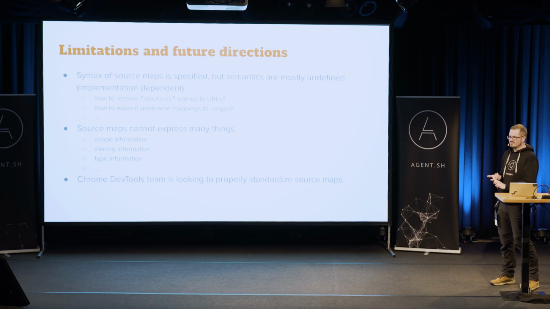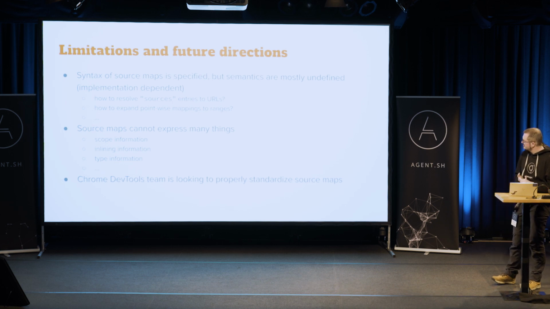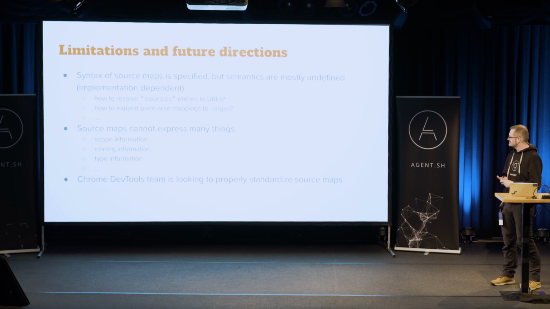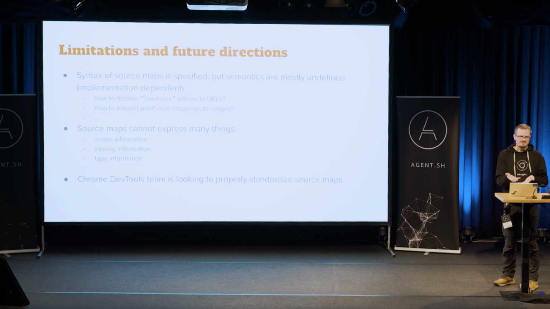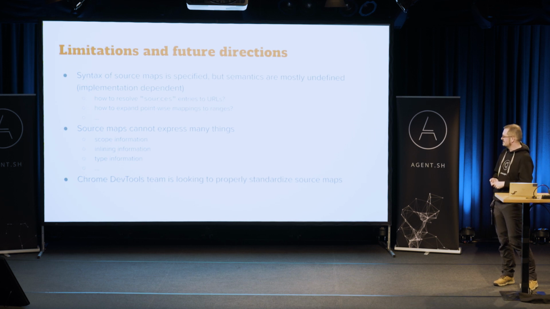And there's no type information, which arguably is a bit of a question whether you want this in JavaScript, but one of the common requests that we get is people would like to see enum values from TypeScript. And this information is just lost, because if you use const enums, then tsc inlines the constants. DevTools has no idea, it's just the string value or the number value. So we don't know that this was actually this enum value. And this is normally solved by just putting type information into the debug info.